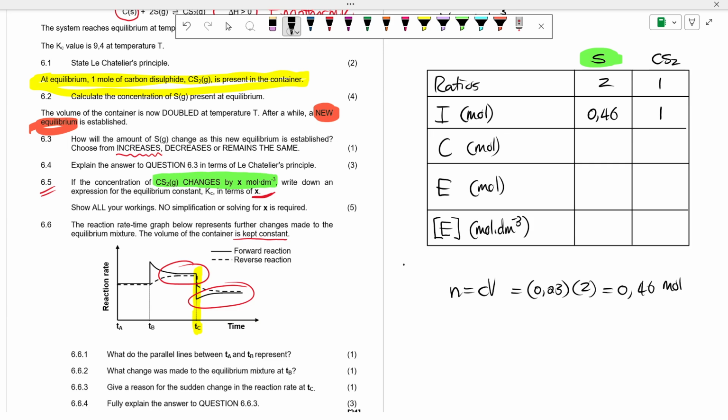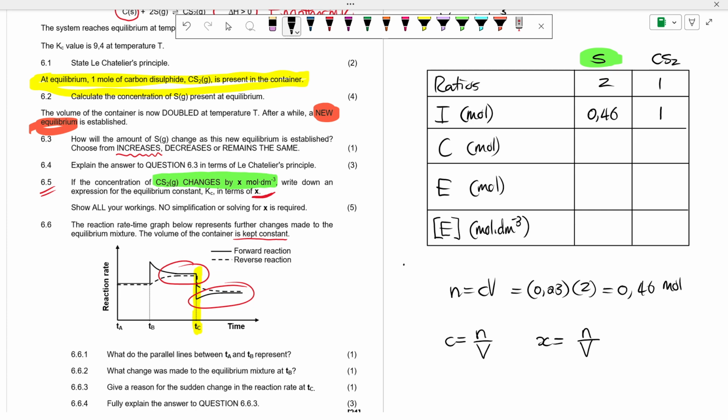So concentration is equal to number of moles over volume, and the concentration changes by X. So it means we have X equal to number of moles times volume.